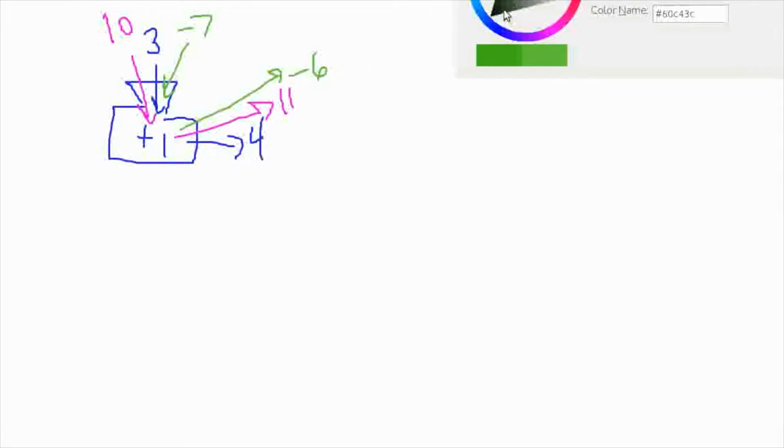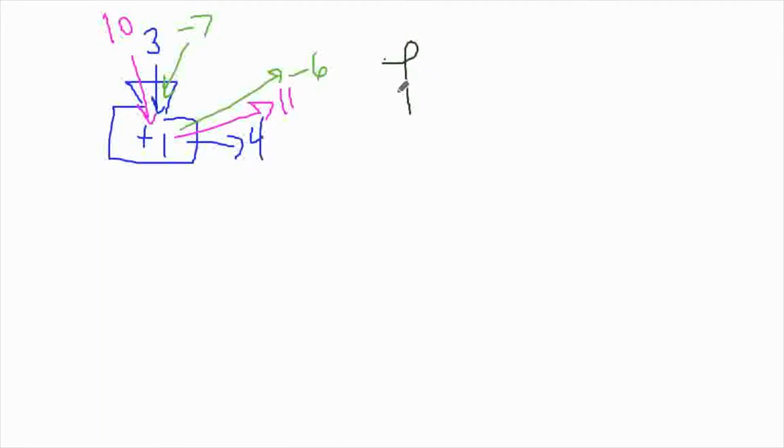For a little bit more convenient notation, we'll pick a letter name for the function, like F for function, and we will represent what goes into the function by a variable. We all know what variables are. And so the output we represent as an expression in terms of that variable.